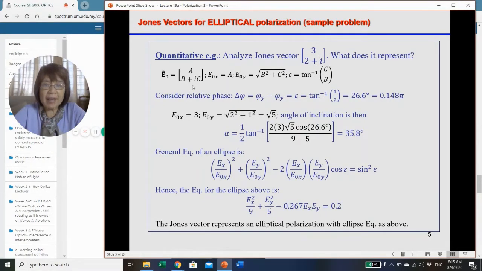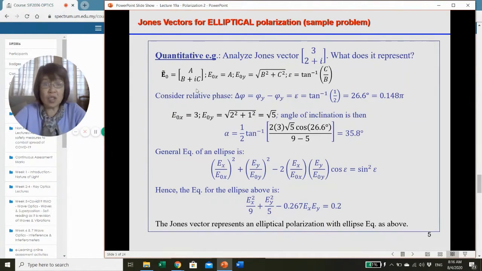So we have E0x, which is a, equal to 3. E0y will be 2 squared plus 1 squared, and you root that, that's root 5. And for the angle of inclination, we first need to find epsilon, which is the arctangent of c over b. That will be 1 over 2, and that is 26.6 degrees.